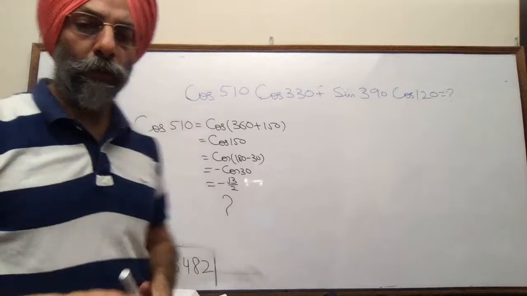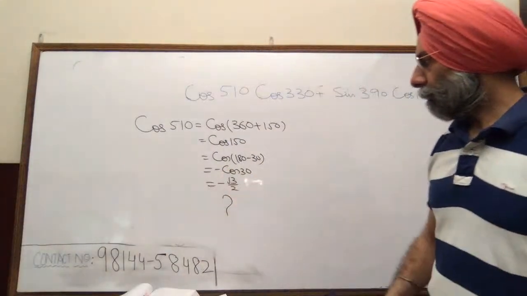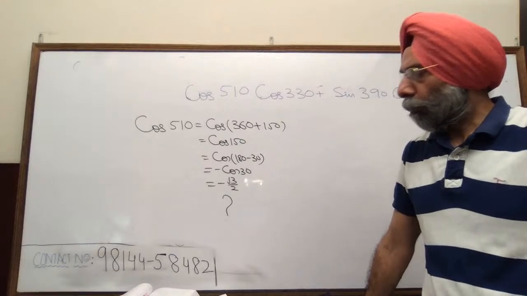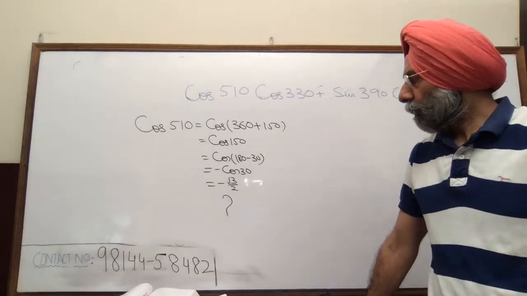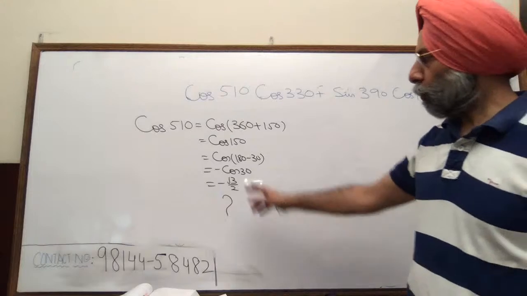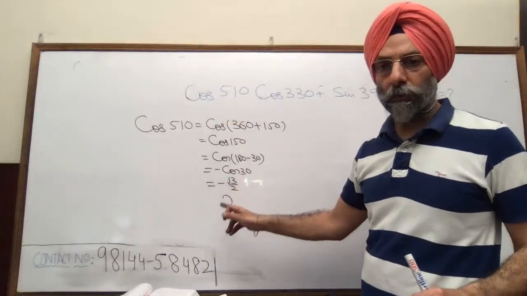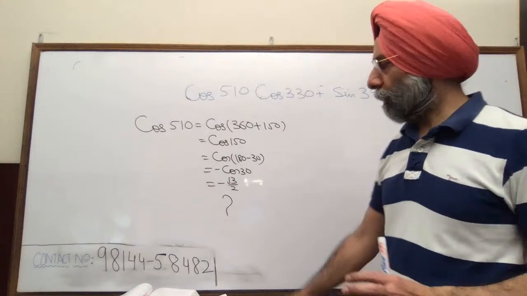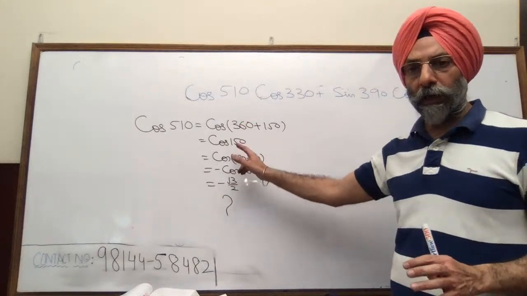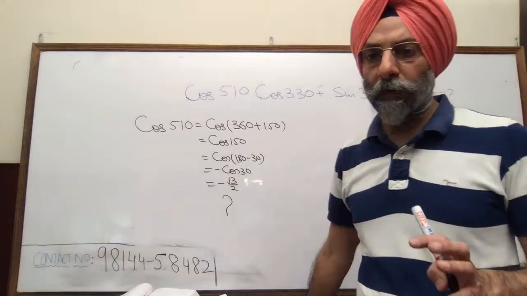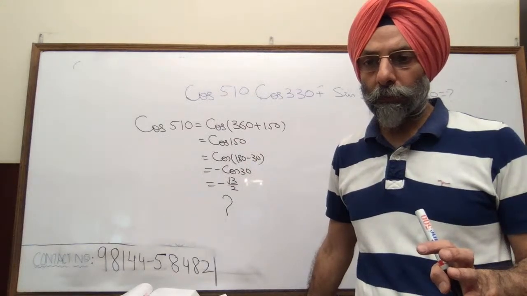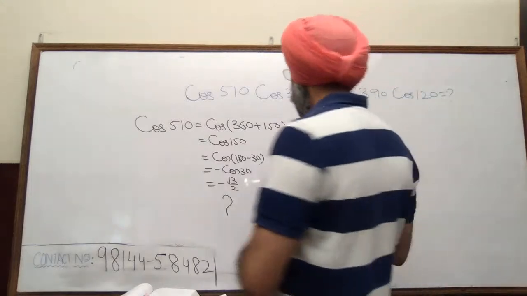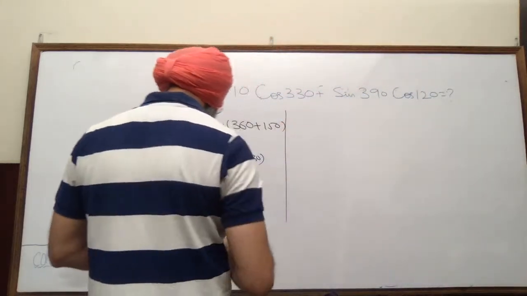So anyone having any problem in this? The value of cos 510 is minus root 3 by 2. Anyone having any problem in the value of cos of 510? Is that clear? Okay. Now, coming to the next one.